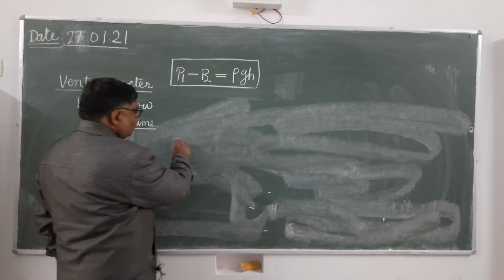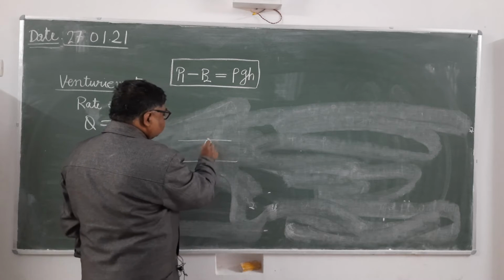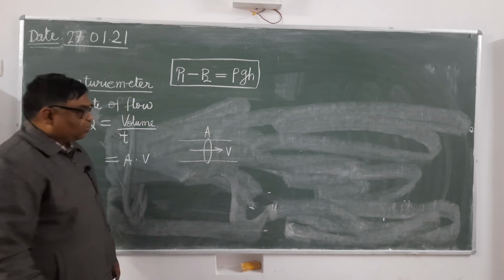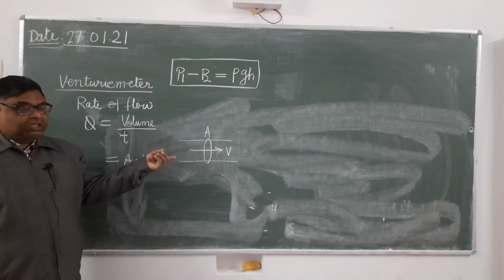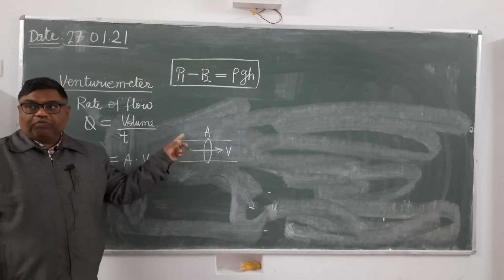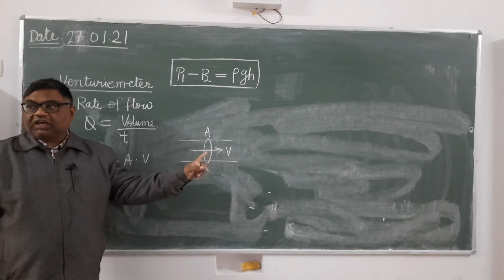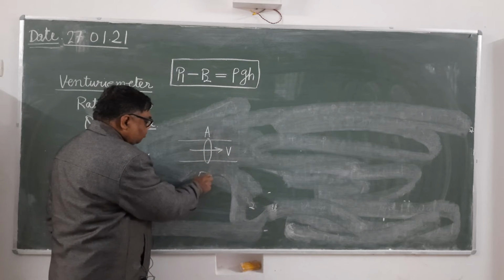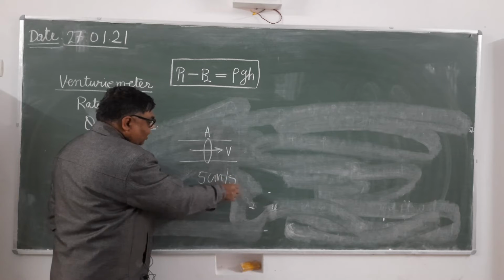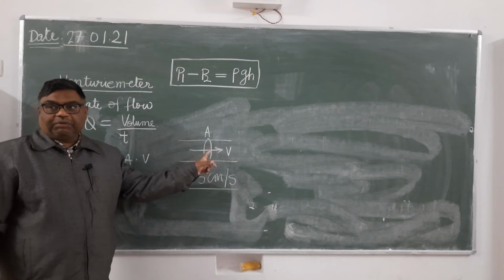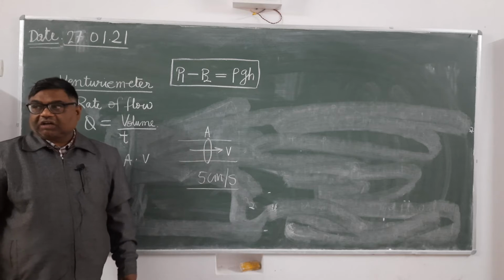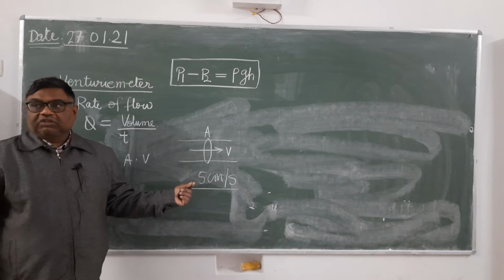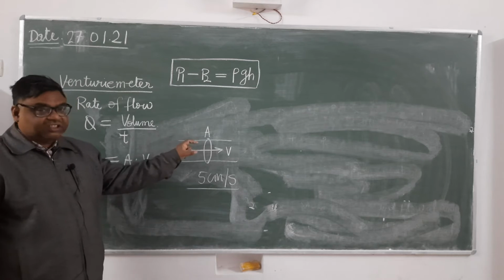For example, here this is a tube and this is a cross section whose area is A and velocity of flow is V. It means how much length of liquid column will cross this cross section in 1 second? V length. If velocity of flow is 5 centimeter per second, meaning in 1 second a 5 centimeter liquid column will cross. So what will be the volume corresponding to that length? So volume here will be in the cylindrical shape.